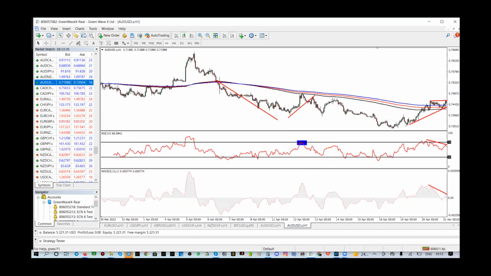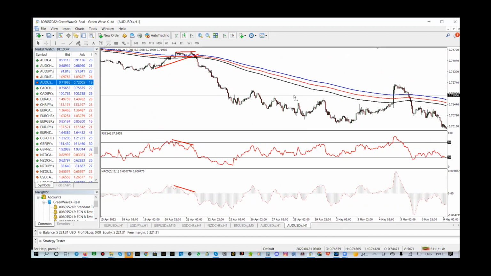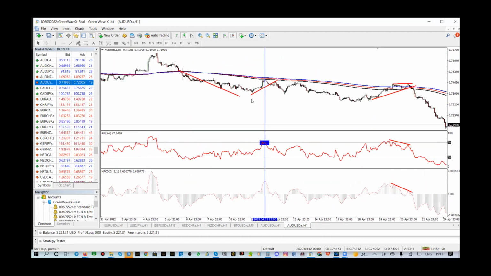And even this one that didn't give us any divergence, I'm sure if you look at the lower time frame, let's say you now go to 15 minutes, you might actually get the divergence for it. Let me see if this chart can take me there.